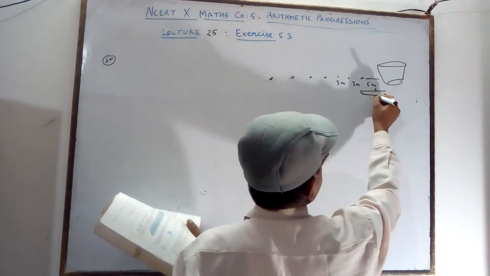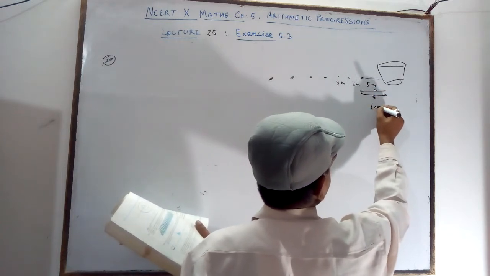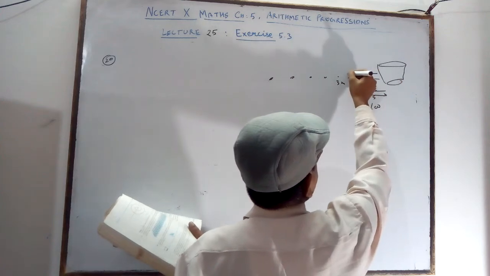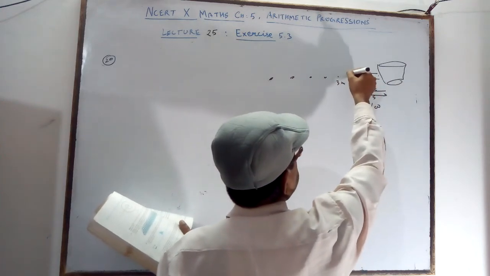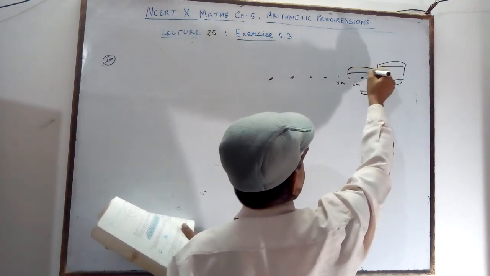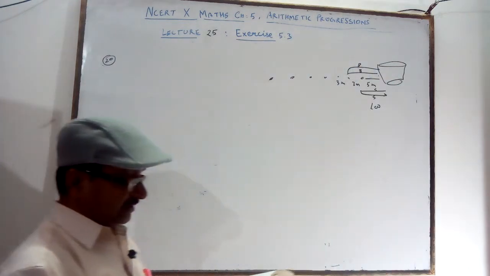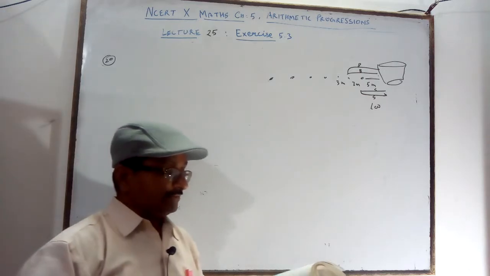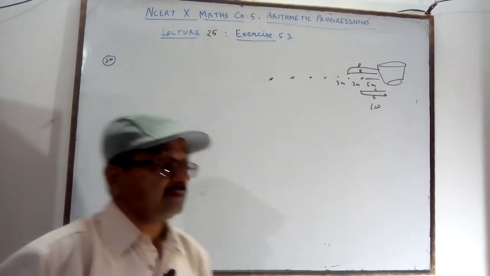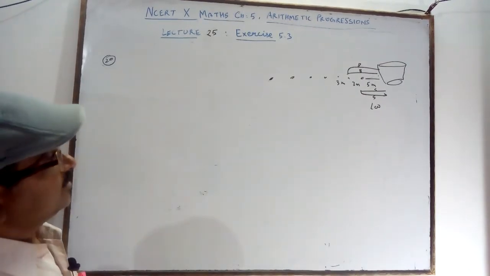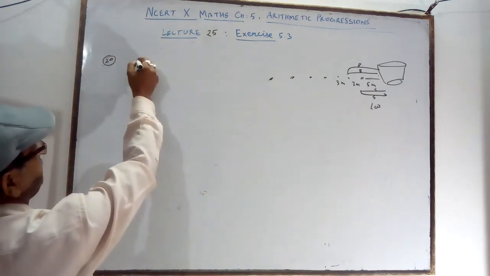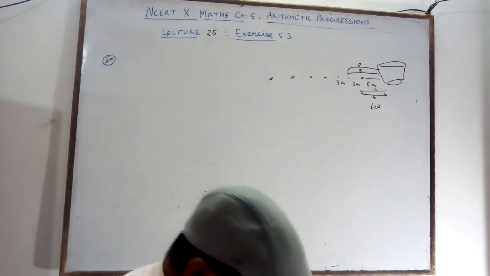So 5 plus 5, the first distance, is 10. Another time she goes to the next place and comes back, which is 8 and 8, so 16. So it is twice the first distance, twice the second distance, and so on.